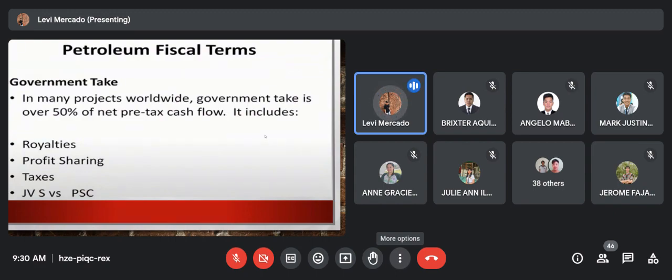Palagi dapat may kikitain din ako. So kung ano ang kikitain mo, meron ako. Parang ganun. In many projects worldwide, government take is lagi over 50% of the net pre-tax cash flow. Examples is the royalty tax, profit sharing. So ito ay base agreement na nila, taxes, and joint venture service versus production sharing contracts.